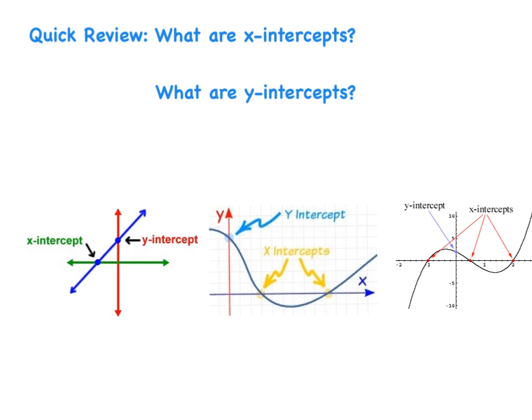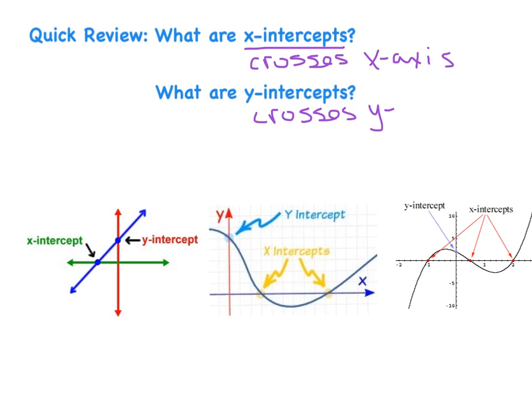So a real quick review, I think we feel really good about x-intercepts, and that's simply where the graph of f of x crosses the x-axis, or sometimes it'll touch the x-axis and turn back around, but we'll talk about that later. And then a y-intercept is where the graph crosses the y-axis. Now, a graph can have at most one y-intercept.